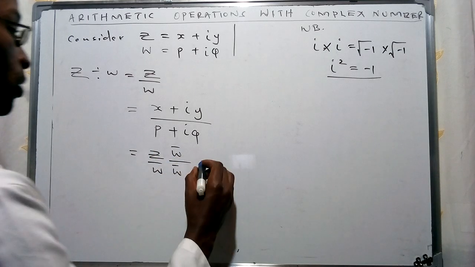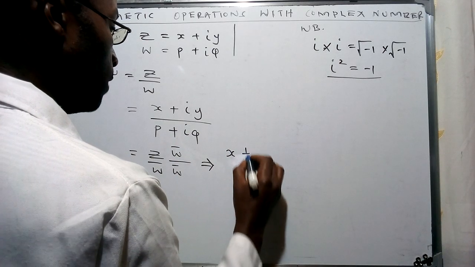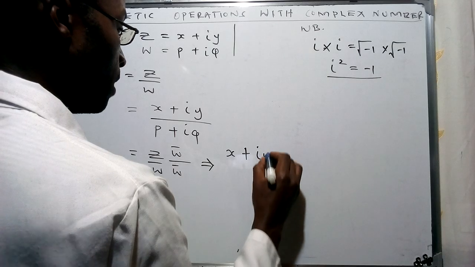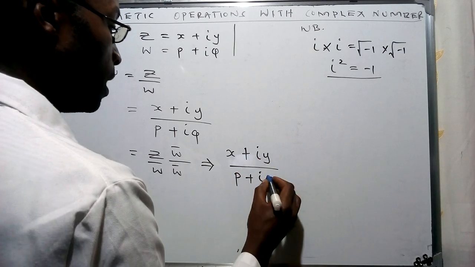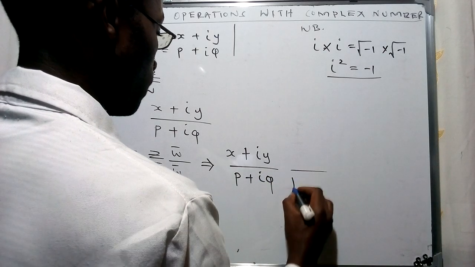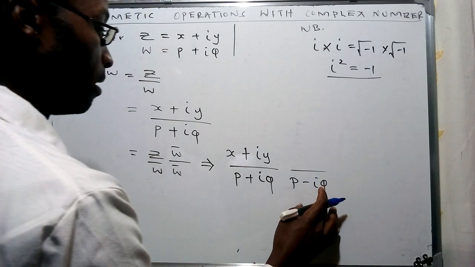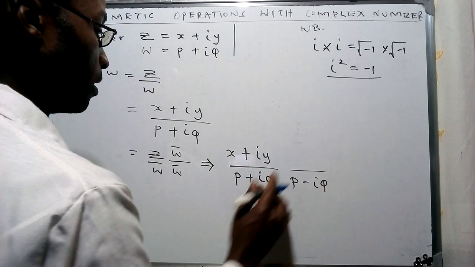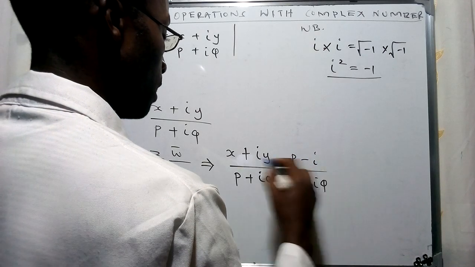So this implies we're going to have a division of these two specific complex numbers, and we're going to have p plus iq. Now the complex conjugate for the denominator is going to be p minus the imaginary unit times q, and then we're going to have it still being represented on the numerator side.